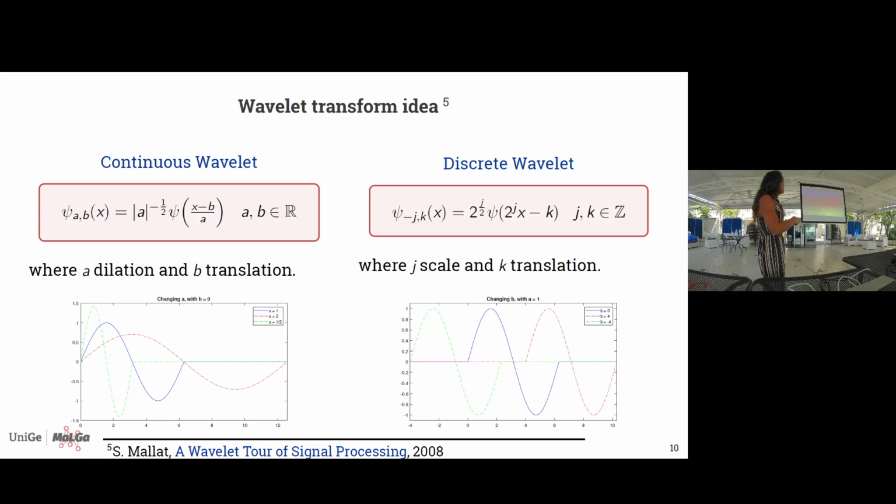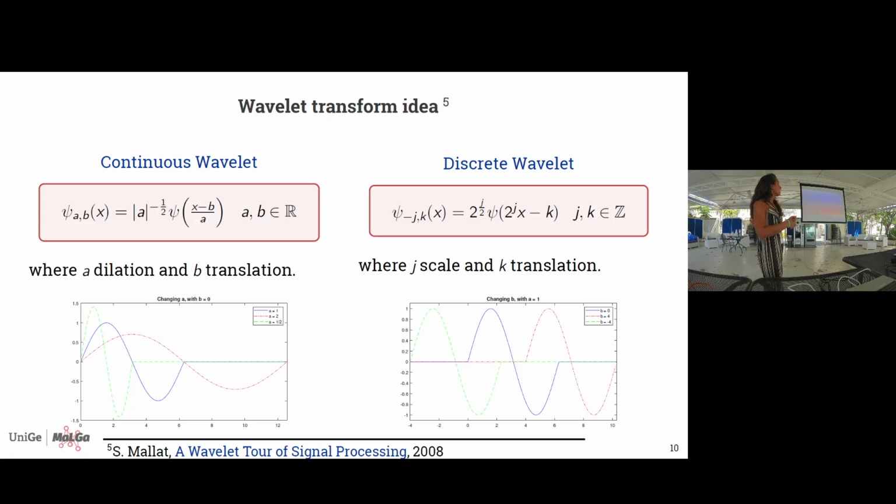We don't use the continuous wavelet, where A and B belong to R, but we use the discrete wavelet, where there are two different parameters: J, the scale, that plays the role of the dilation A, and K, the translation. I write K and not B because K is a different parameter, because this translation parameter in the discrete wavelet depends on the scale.